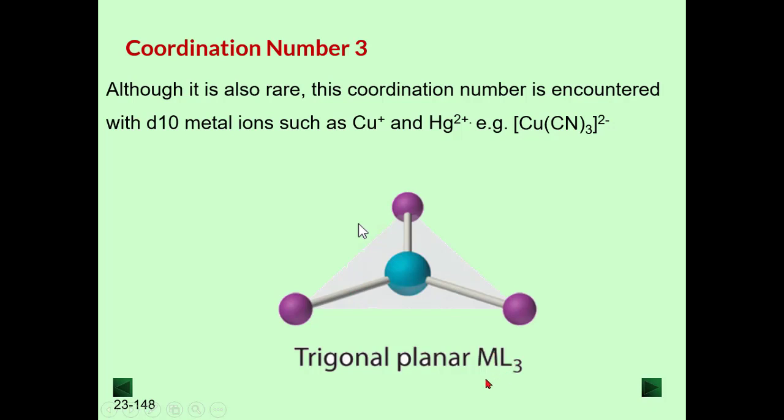So this is what we call the ML3 structure, which contains a central transition metal and three ligands. Some examples are here in the formula.